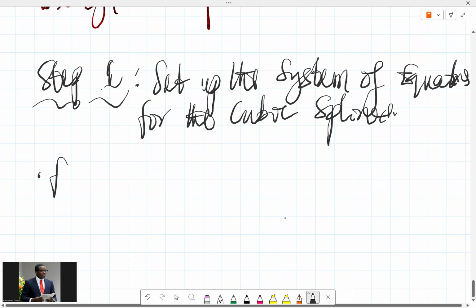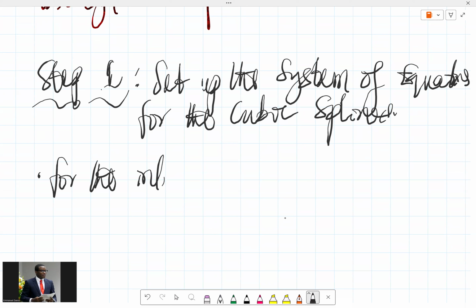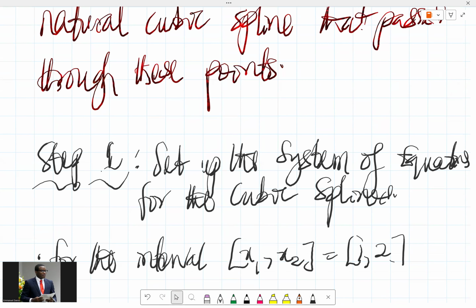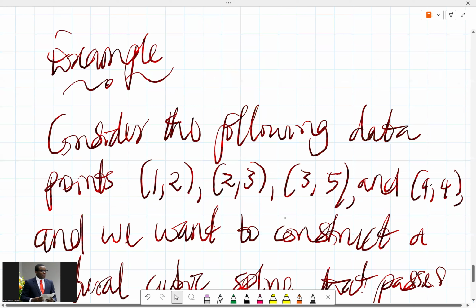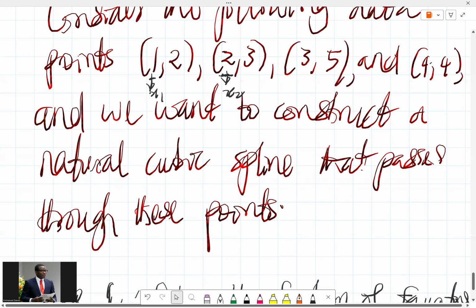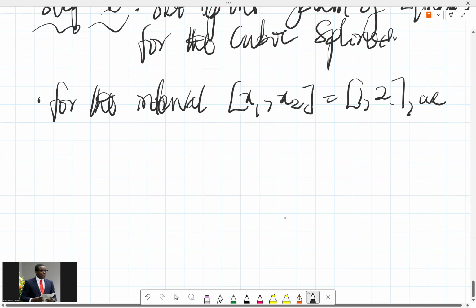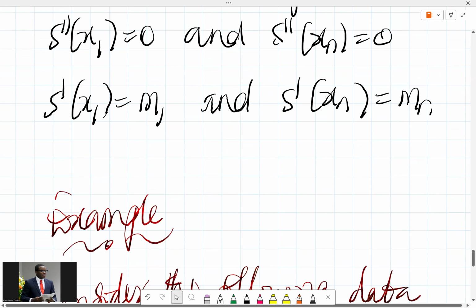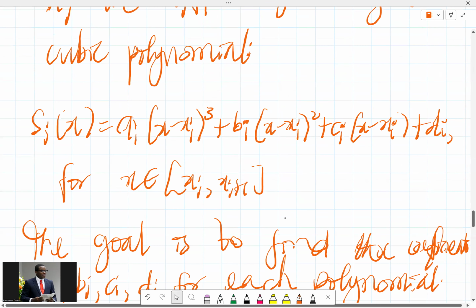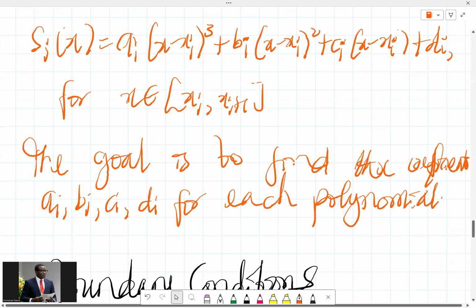First, for the interval x1, x2, which is 1, 2. As you can see, this is x1 and this is x2. For that interval, if you follow the formula up here, we have S1(x) equals A1 into (x minus 1) cubed plus B1, and so on.